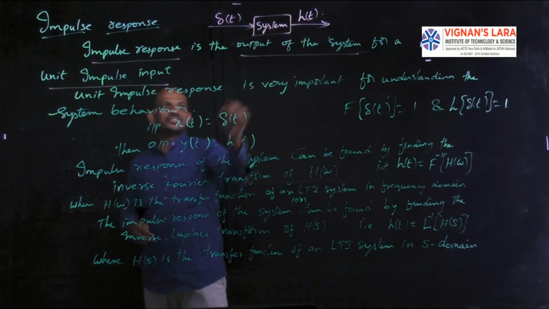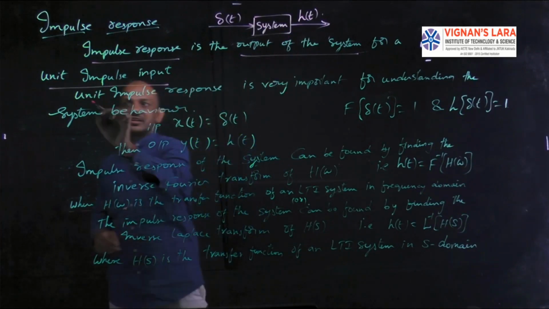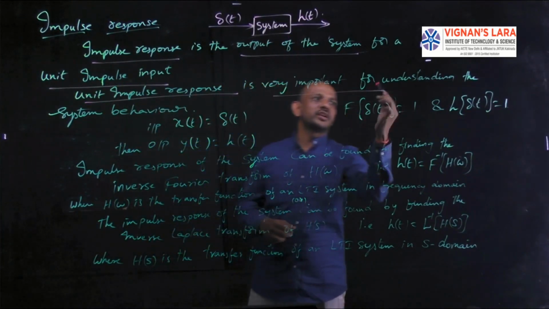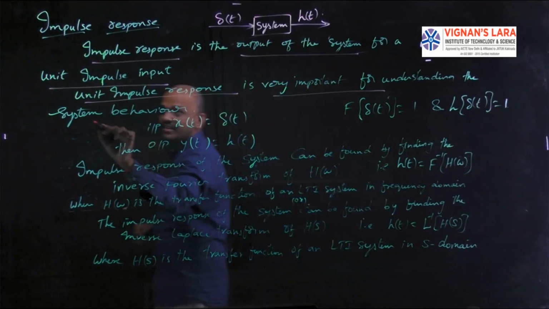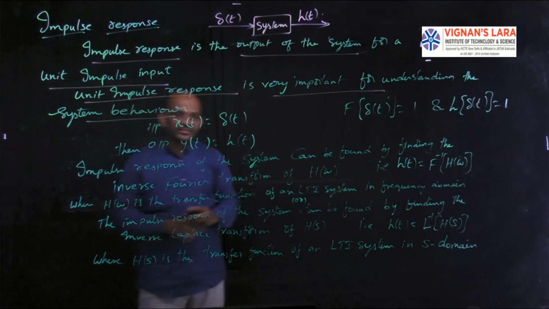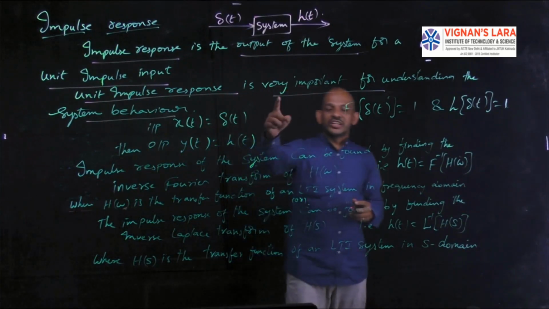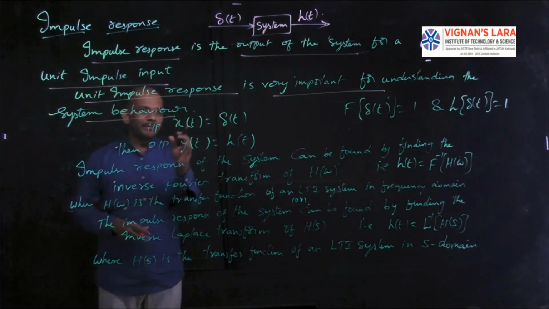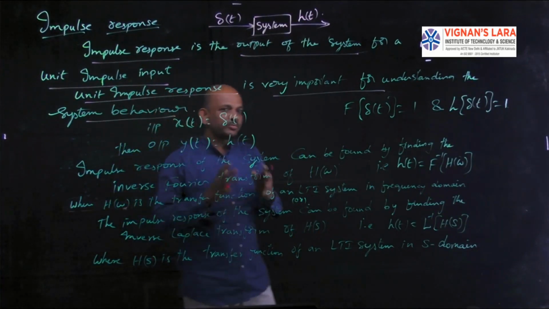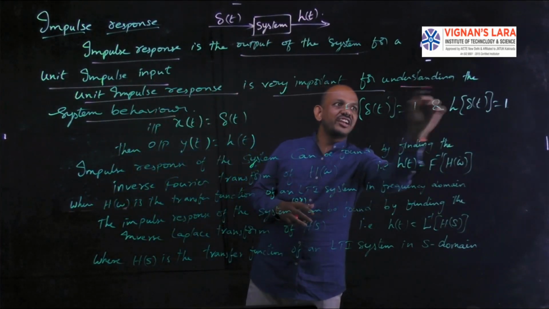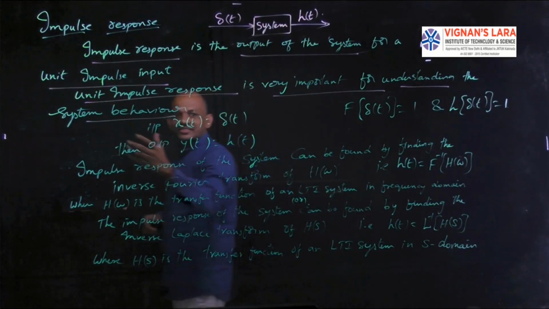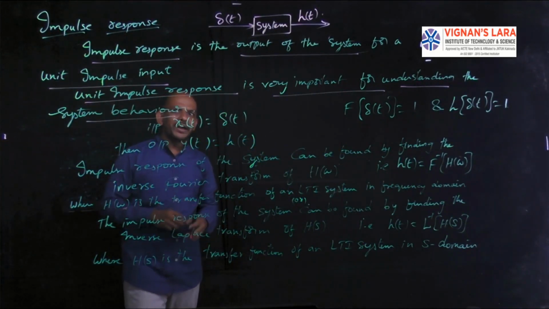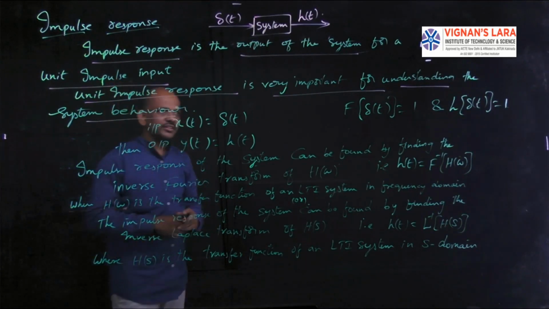Okay, and this unit impulse response is very important for understanding the system behavior. It plays a major role in understanding how the system is behaving. That will be known by the unit impulse response.